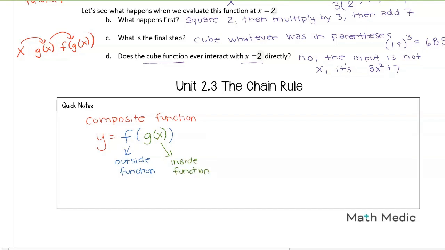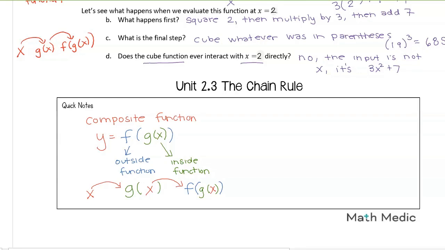So I have my x, and whatever my x is, I will put it inside the g of x, and then everything that's g of x will go inside the f of x.